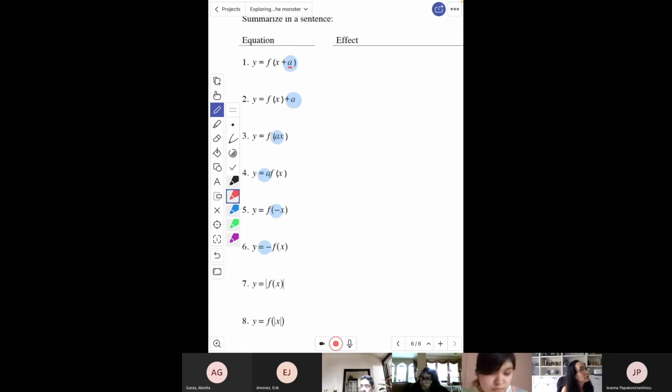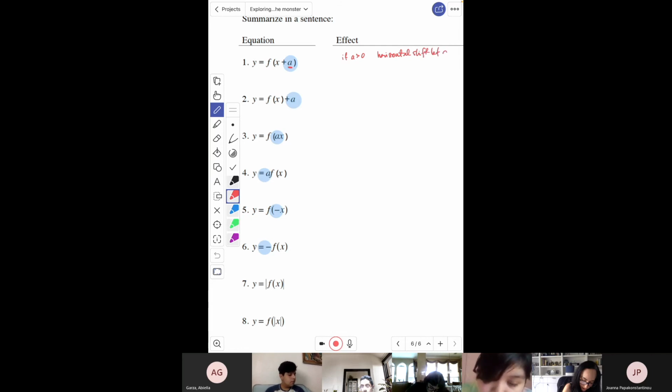The shift. What kind of shift? Horizontal. Okay. If A is greater than 0, making that positive, it is a horizontal shift left A units.